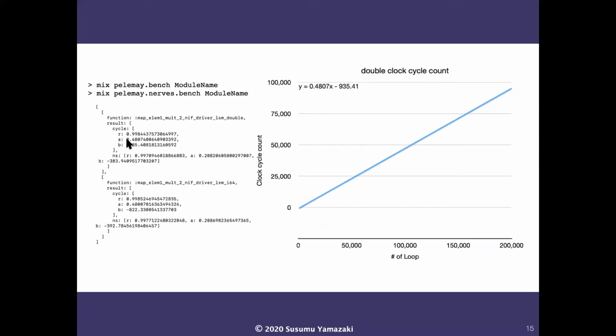A is 0.48, and B is minus 900. So minus 900. Here is a graph. This shows this graph. X is a number of loop, and Y is a clock cycle count.